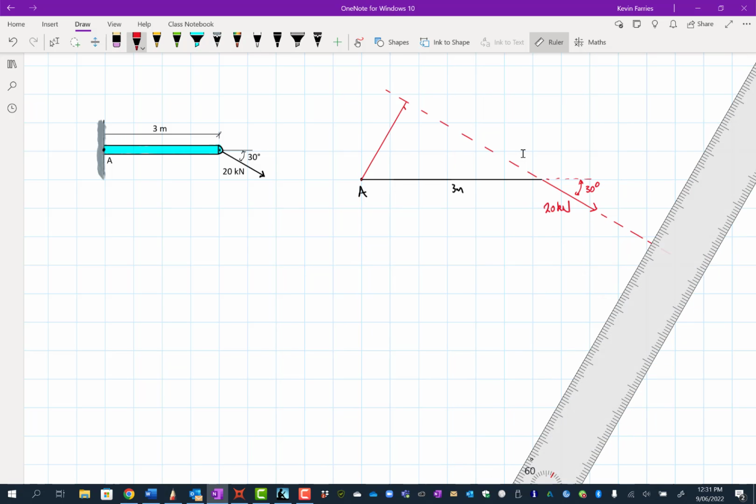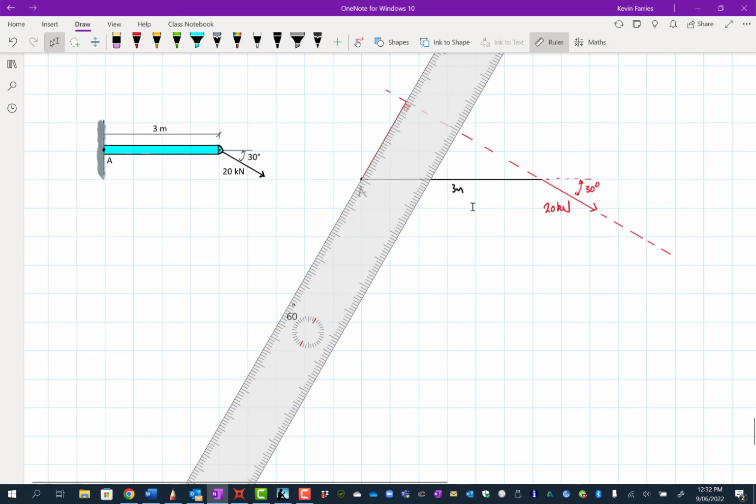It's useful to mark on your right angles, it'll be handy later when we're doing our calculations. So that's the lever arm for this force. We've found the line of action of the force, looked for the shortest distance between that line of action and the point of rotation, and marked that on. Now we can measure what that is.